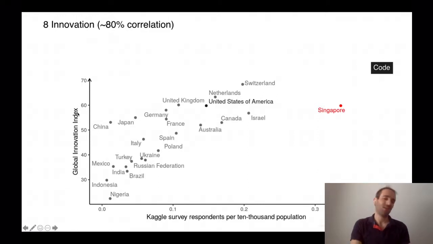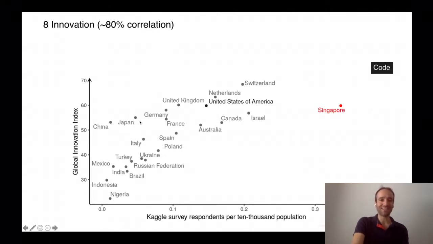This is an index compiled by INSEAD every year, and they rank the countries by a formula of innovation. And it is very interesting that there's a high dependence between prevalence and innovation, right?